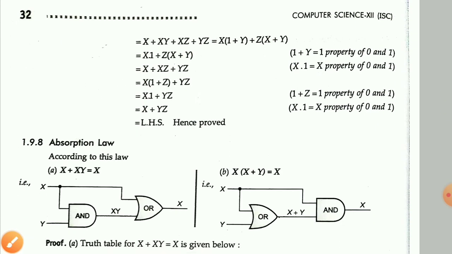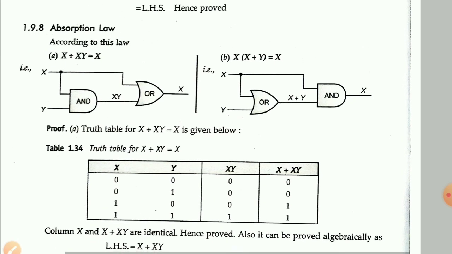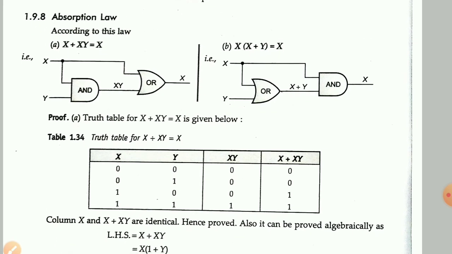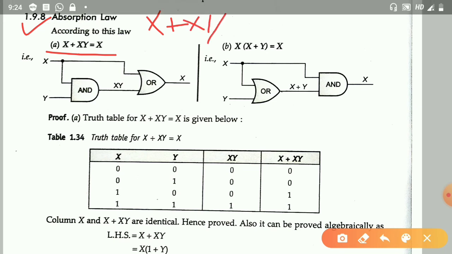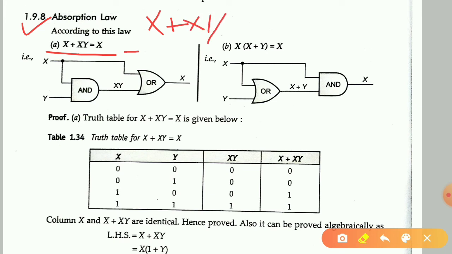Now let's move to the next law, the absorption law. If we see the absorption law, it's also a very good law. It absorbs a variable and gives you the result in the form of only one variable. Let's see the first law. It states that x plus xy equals x. Now let's see how it can be found. If it is given x plus xy, clear?